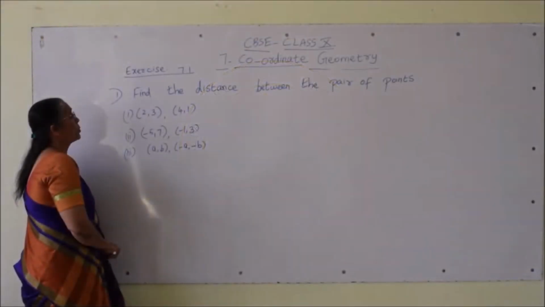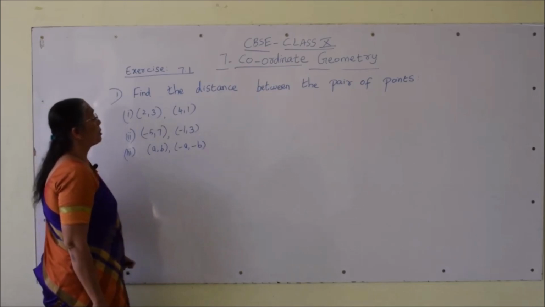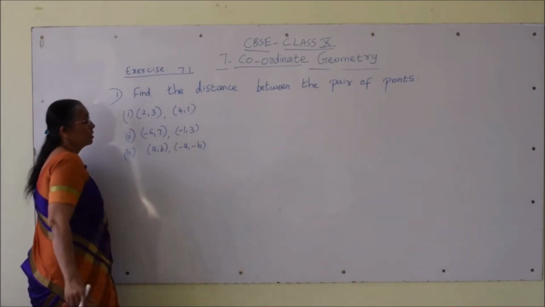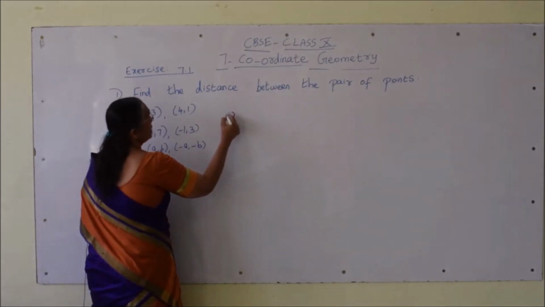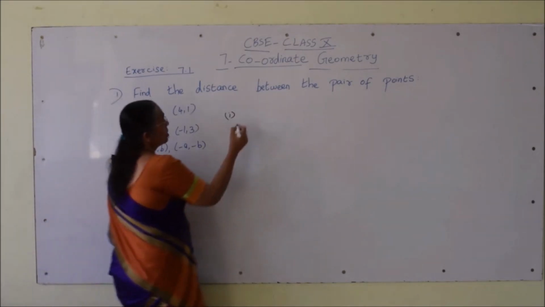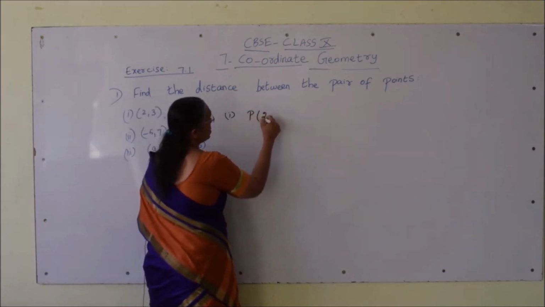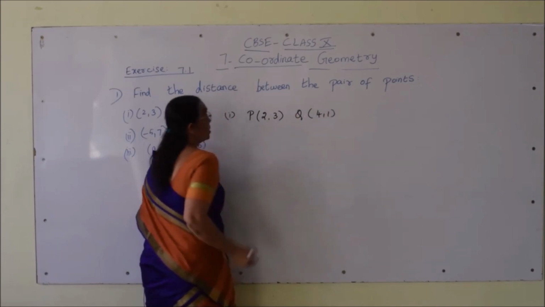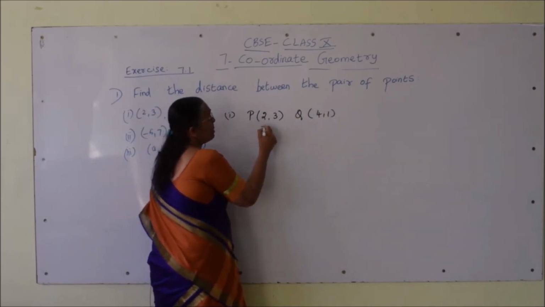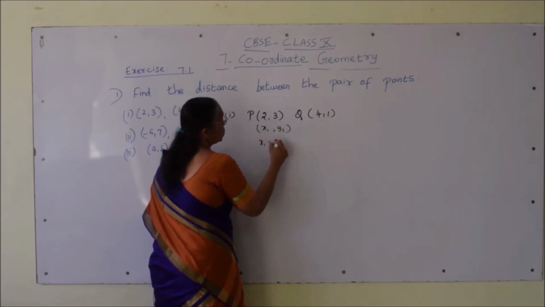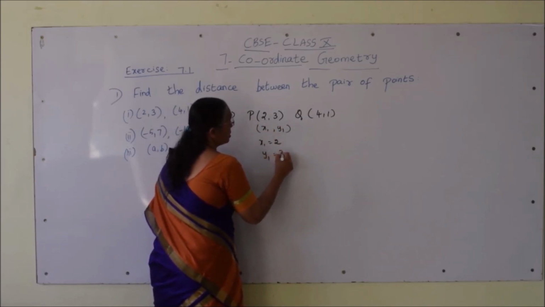Exercise 7.1, problem number 1: find the distance between the pair of points. The first one, we have to find the distance between the points 2, 3 and 4, 1. Consider the point P as 2, 3 and Q as 4, 1. Let P be x1, y1, that means x1 is 2 and y1 is 3.